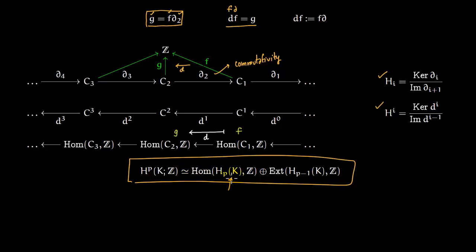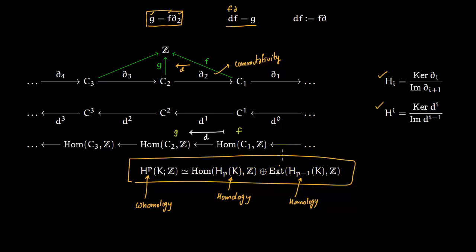So you have homology here, and then we have this Ext and homology again here. So you feed in the homology groups here and here, you get the cohomology group here. Now this Hom is just what we have in algebra, set of homomorphisms.